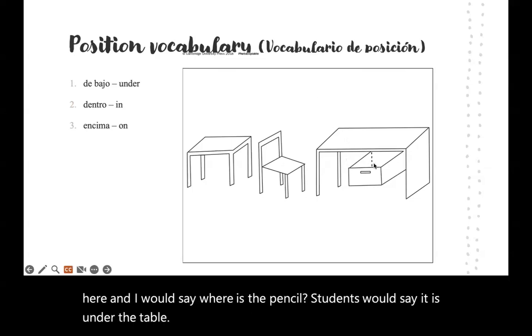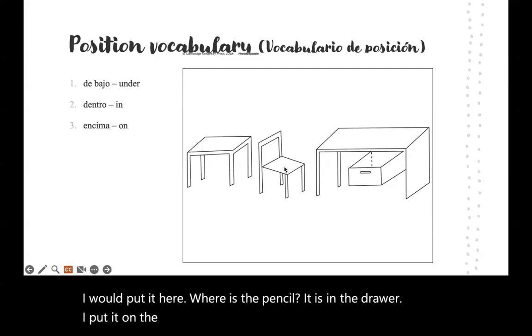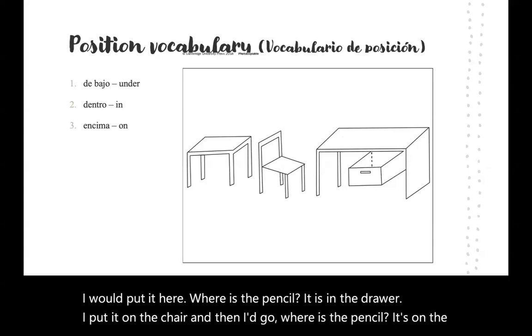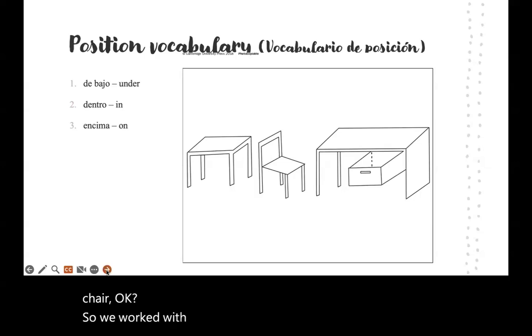I would put it here. Where is the pencil? It is in the drawer. I'd put it on the chair and then I'd go, where is the pencil? It's on the chair. Okay. So we worked with that several minutes.